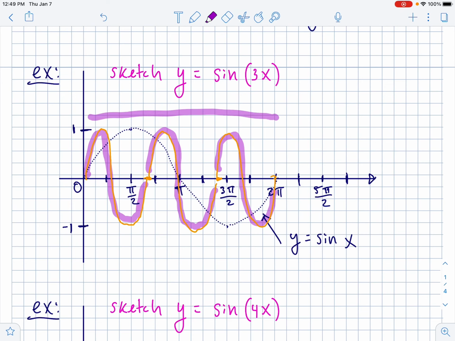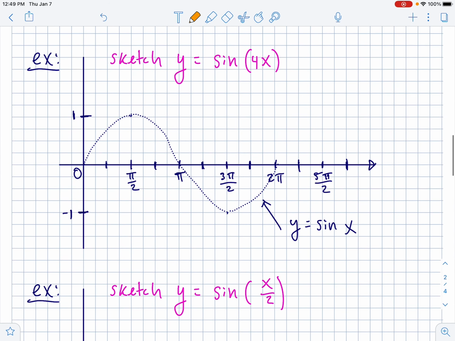So if the distance from 0 to here is 2 pi and you divide it by 3, each of those curves is going to be 2 pi divided by 3, which is 2 pi over 3. So you start to see this pattern: b is the number of full sine curves that fit between 0 and 2 pi.